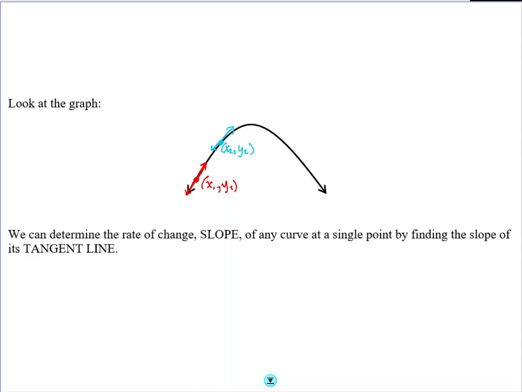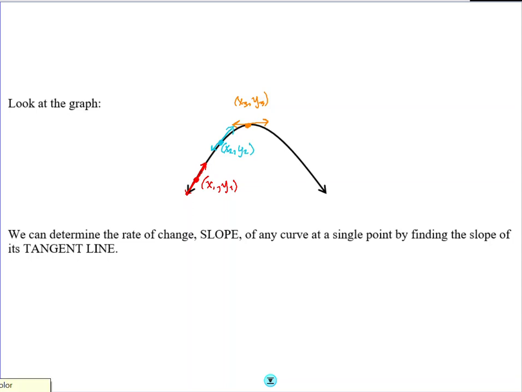If we look at the slope of the tangent line at this point, we'll call this x3, y3. Here our tangent line is horizontal, so it would have a slope of 0.